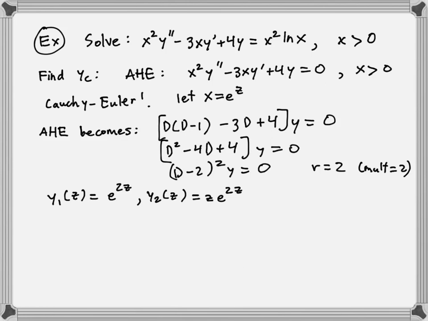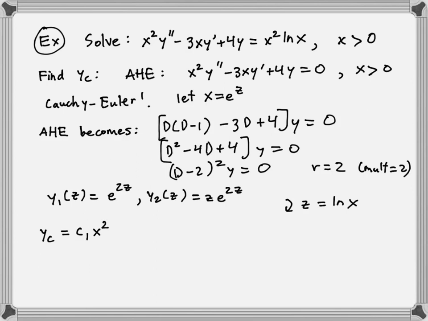But remember, you now replace it back because we know that z is equal to the natural log of x. And so we're ready to jump to our yc. Our yc is going to equal c1 times, what's e to the 2z if you replace it with ln of x?